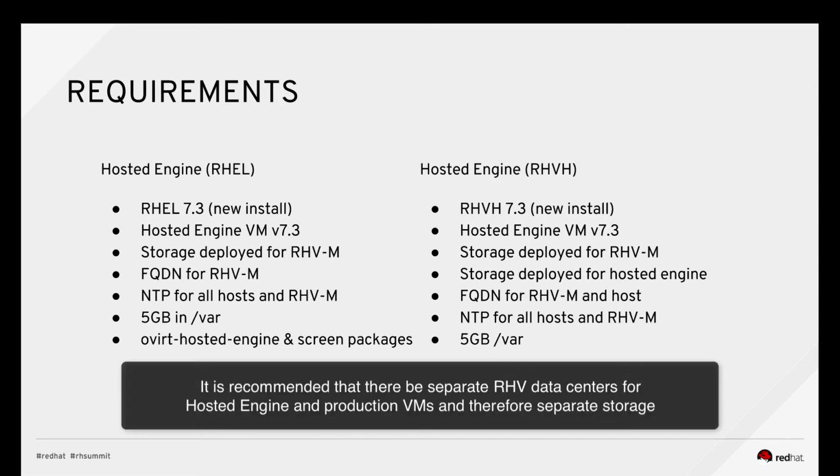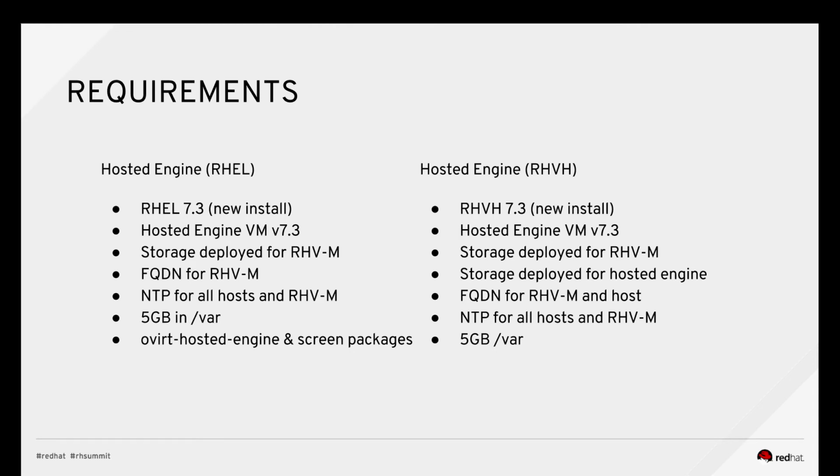You're going to have, in most instances, separate storage for the hosted engine data center and the RHV-M production data center. The one difference there is if you're going to have a very small deployment, say a 2 or 3 node deployment, and that's all you're going to have, you can get away with one storage domain.